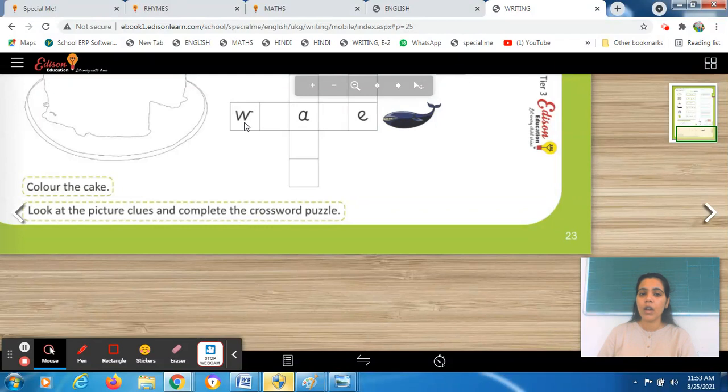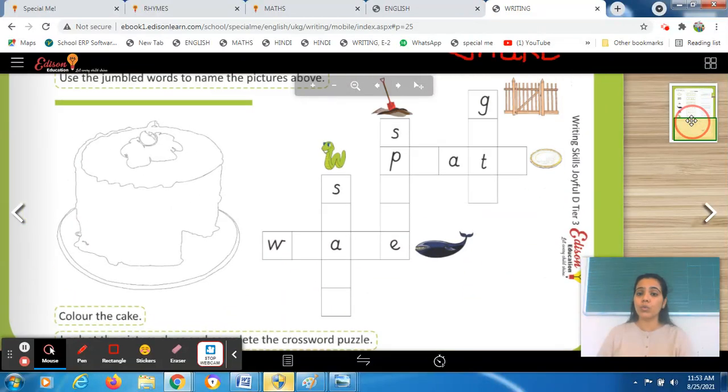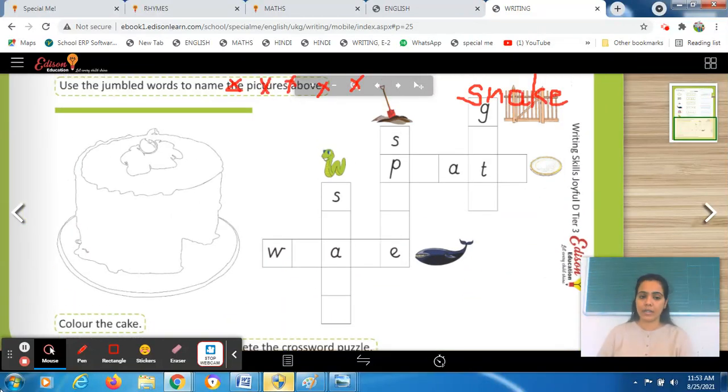Okay, some letters are already written just for your hint, but you have to complete the name. Okay, so see the picture, observe the picture carefully, and write the correct name in the given space. Look at the picture clues and complete the crossword puzzle. So, what is this? Which kind of puzzle is this? Crossword puzzles, right? So, let's start now.